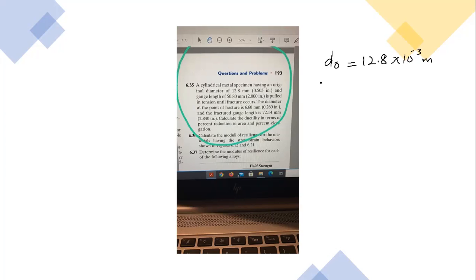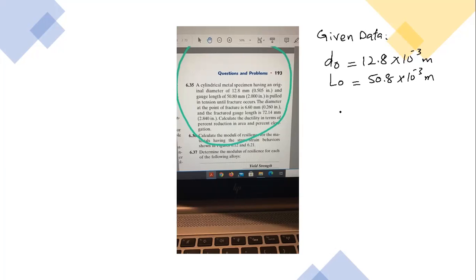Yeah, 10 power minus 3. And the length here, it's L, 50.80 millimeter. And it is full intention.